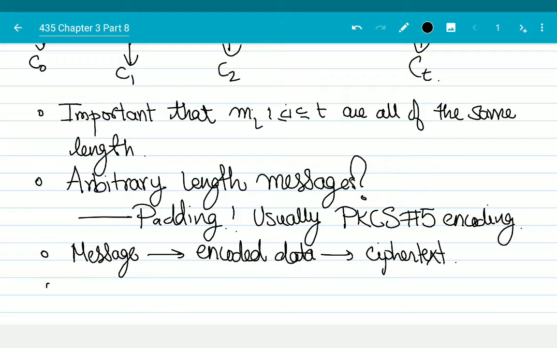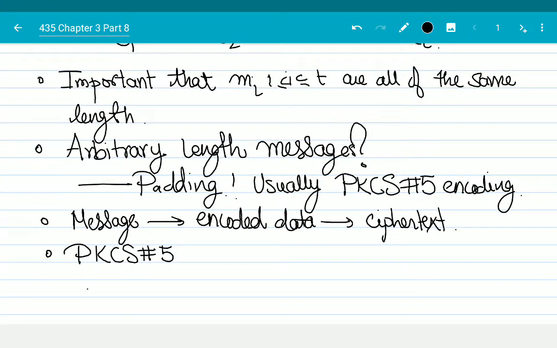How do we do this? For PKCS5, here's how you do it. Assume that the message is an integral number of bytes rather than bits.